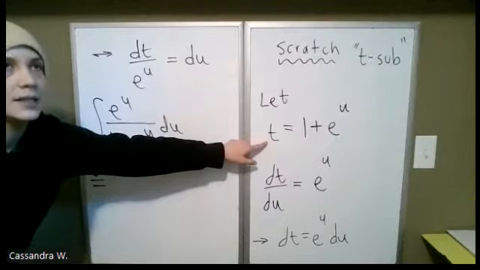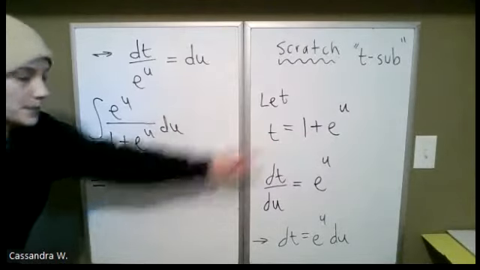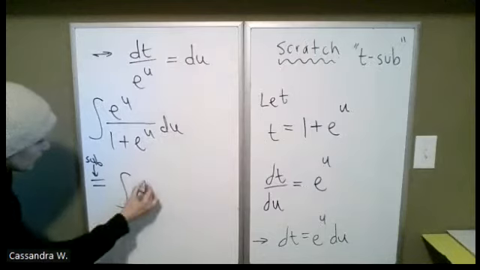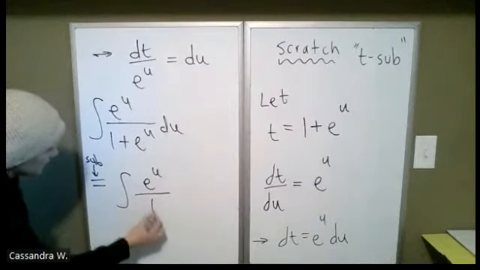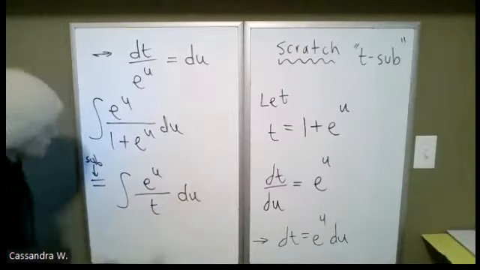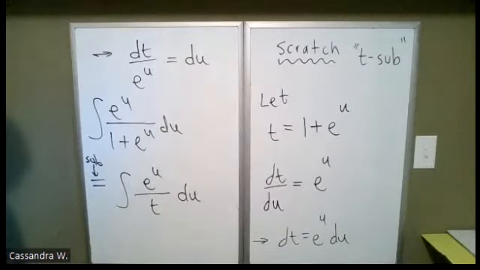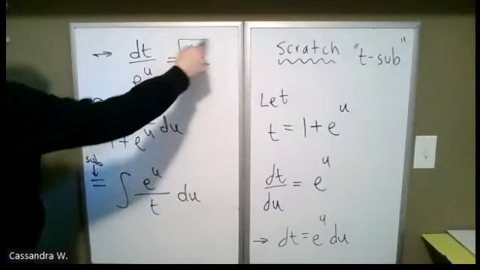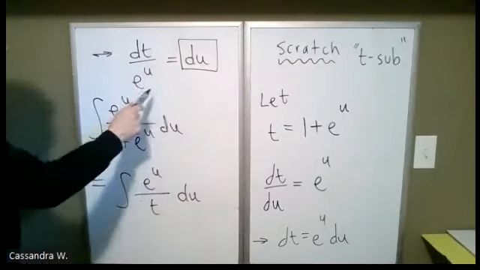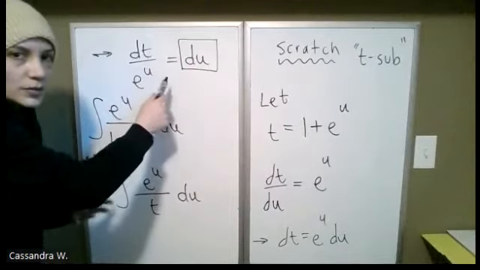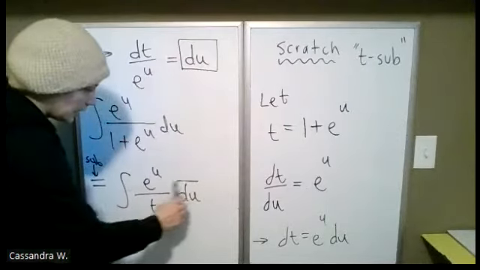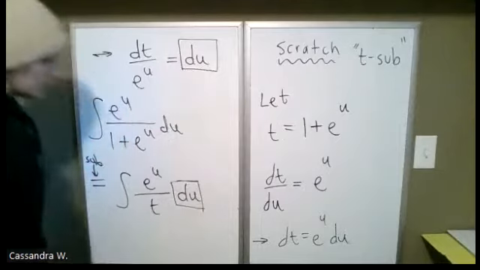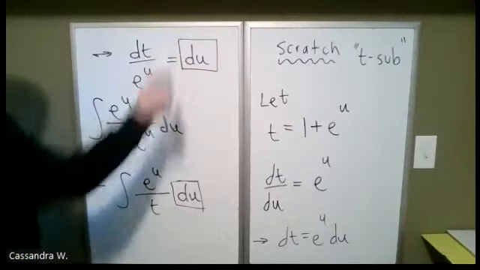So put in t for 1 plus e to the u. Okay. So in our scratch work, we solved for du, and I'm going to put that in right there for this du. Replace this du with that du.